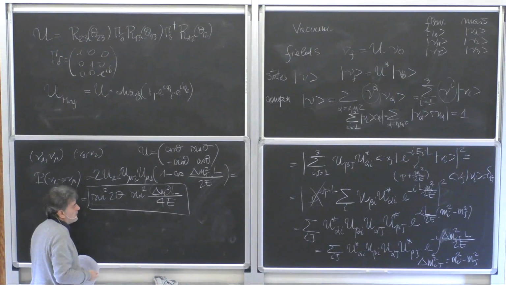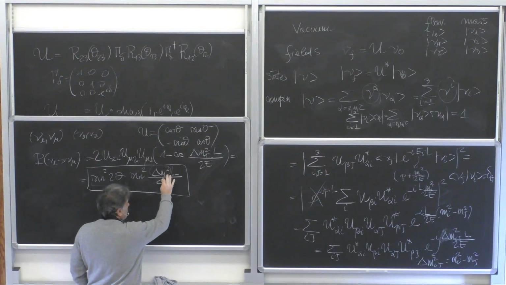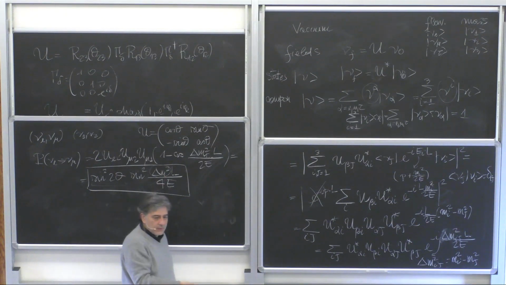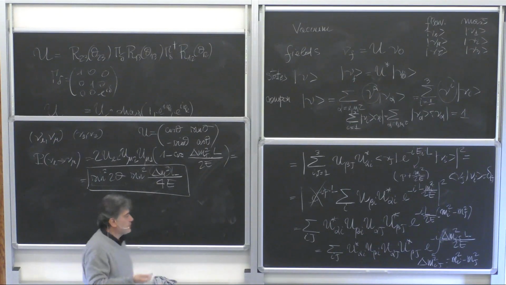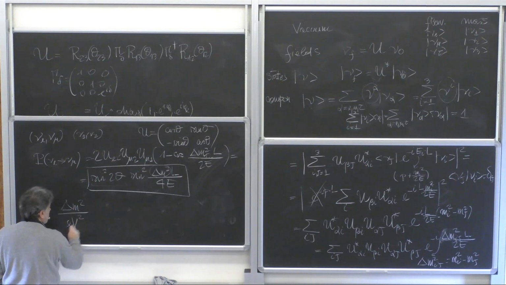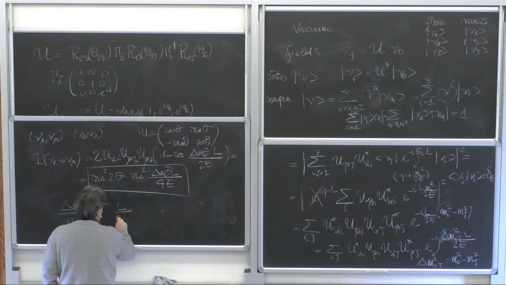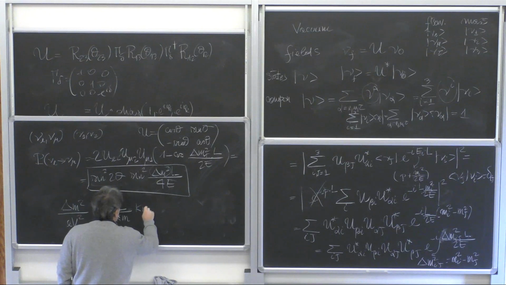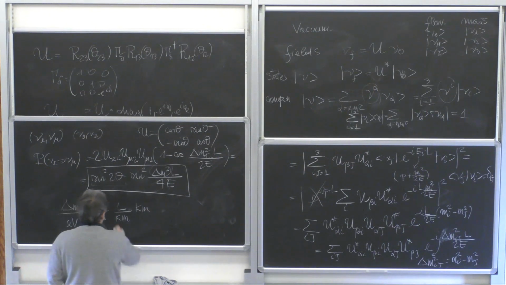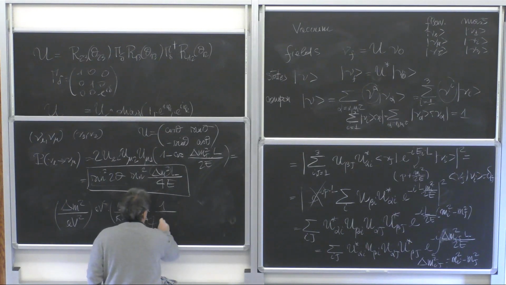Here, however, the units, so if you want to put numbers, you decide to measure, for instance, delta m squared in electron volt squared, L, for instance, in kilometers, and E in GeV.